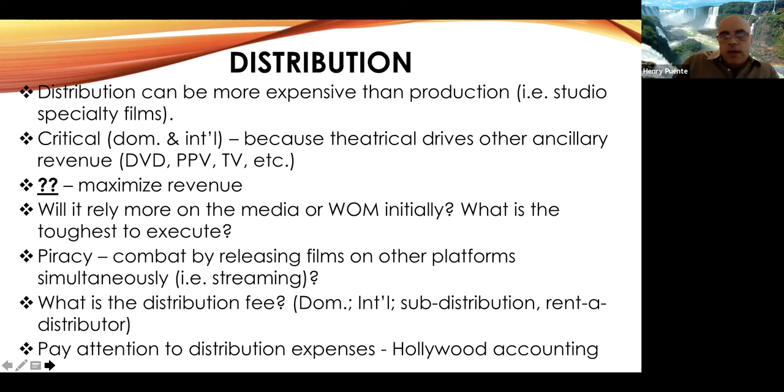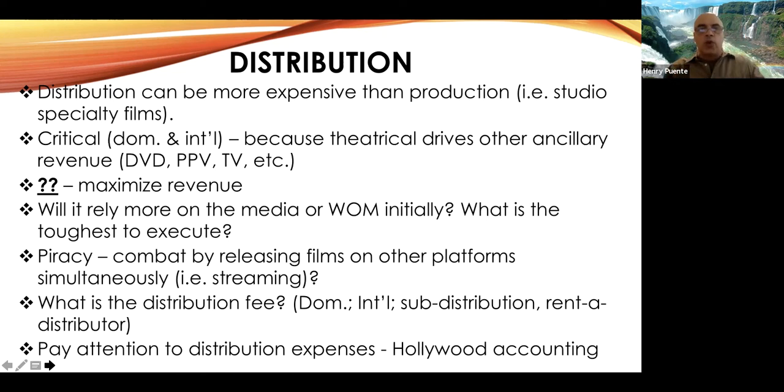of mouth. The toughest to execute in terms of distribution is the platform release, because you have to extend the release of the movie as the word of mouth is occurring. If you wait too long to release the movie or to expand the movie, the word of mouth dies.